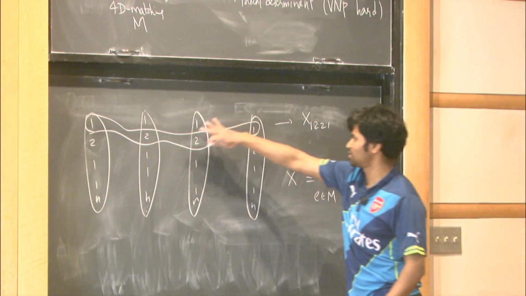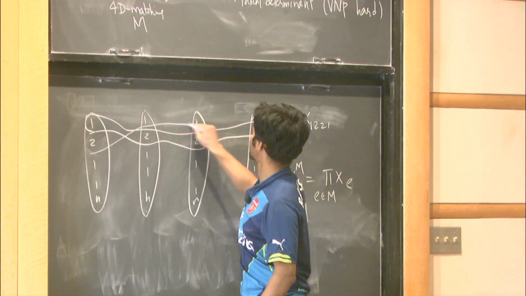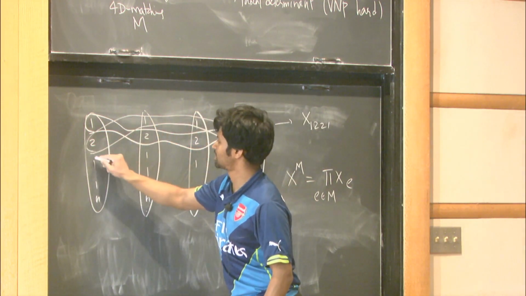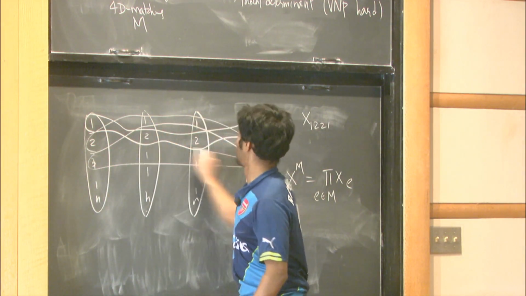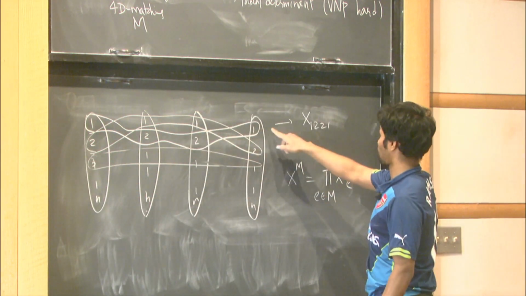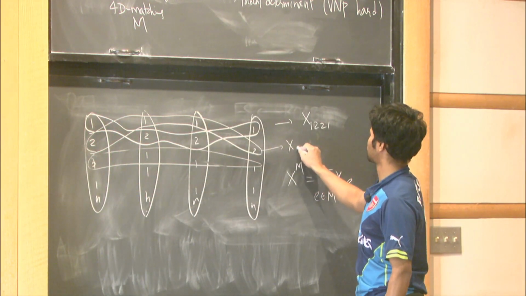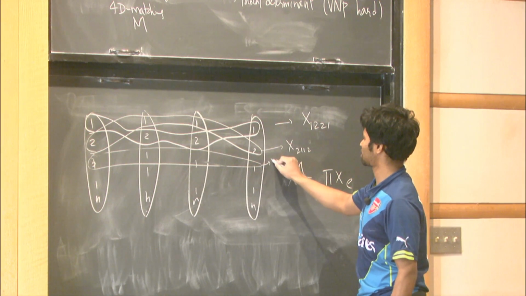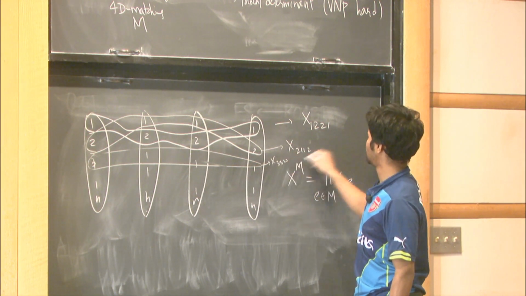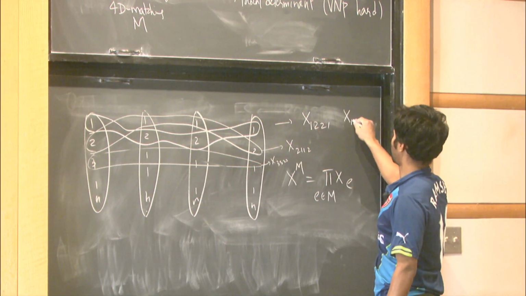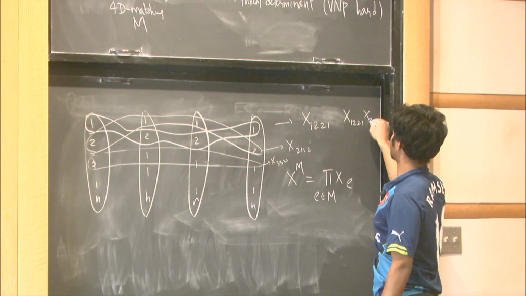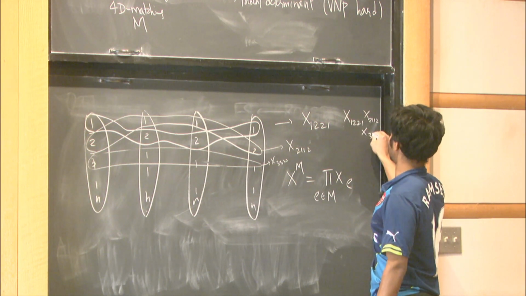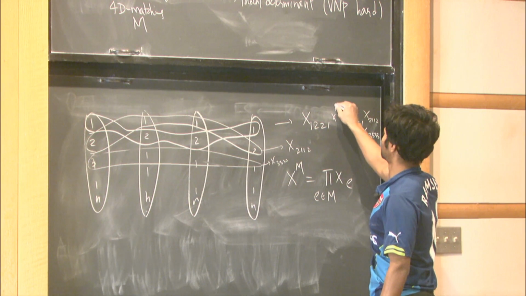Yeah, so you take a matching, you took this guy, maybe you took this guy, and let's say we just had 3. And if you took that matching, one edge corresponds to that, the other edge corresponds to 2, 1, 1, 2, and this guy corresponds to x_333. So this would be x_1221 x_2112 x_333. That would be x to the M.